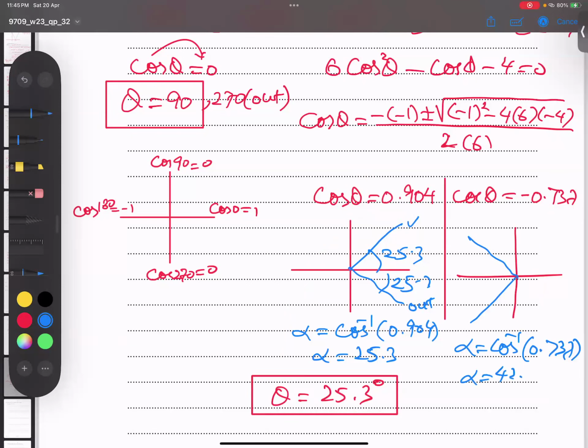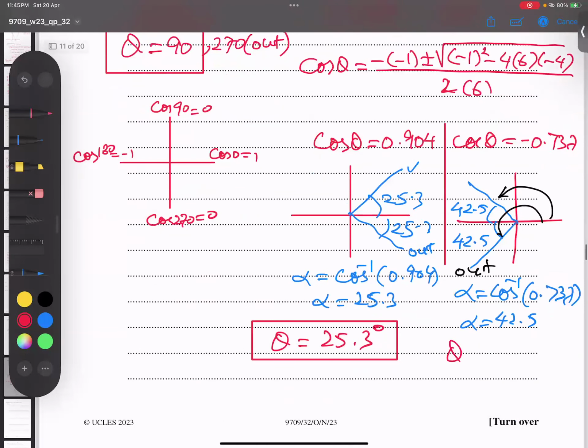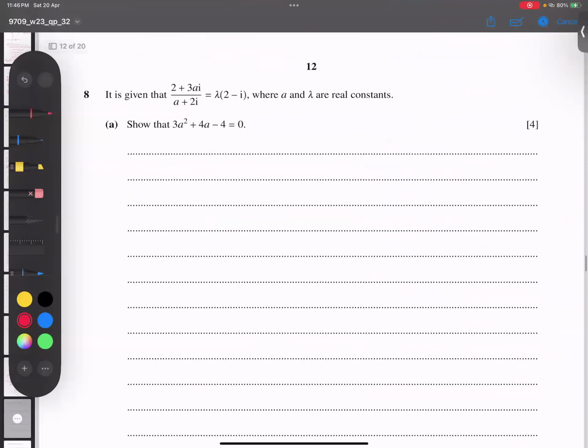Principal angle 42.5, here and here. My first answer is this. The second answer is this, which is out of range, crossing 180 degrees. So my answer is 180 minus that: 180 minus 42.5 gives 137.5. So I got three answers, students: one is 90, second 25.3, and last is 137.5. I believe you got the point clear.